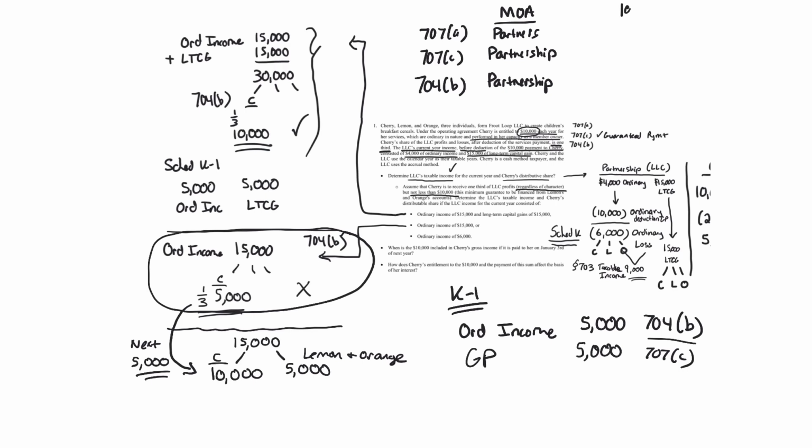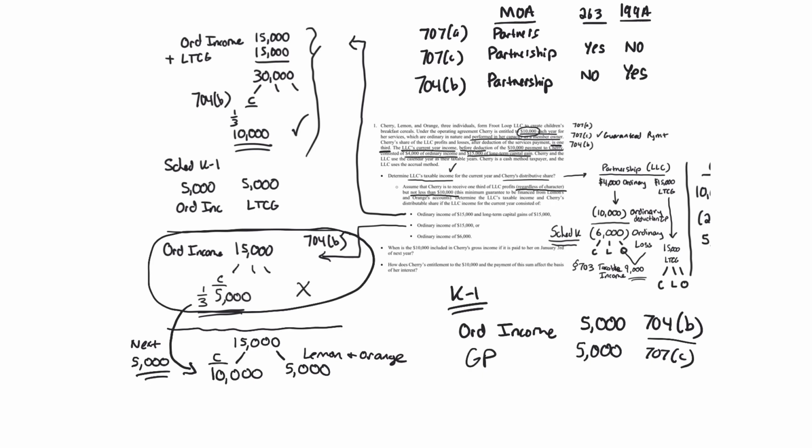But then for 199A purposes, there's a big difference there. And for 263 purposes, capitalization, because you don't have to capitalize for 704B, but you do have to capitalize potentially for 707C. And then for 199A purposes, for determining what's QBI, a guaranteed payment does not go in there. But the distributive share does, so it makes a big difference.